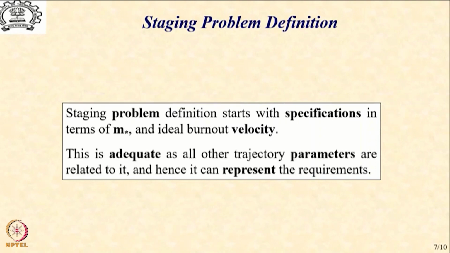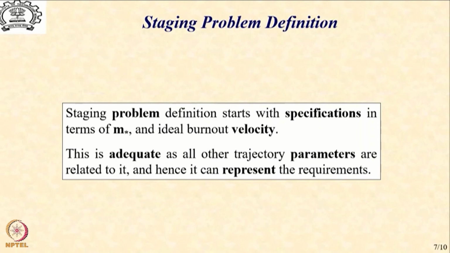You will find that this is generally adequate for initial sizing and initial conceptual or even preliminary design of launch vehicles, because most of the other parameters are now going to be related to these parameters.